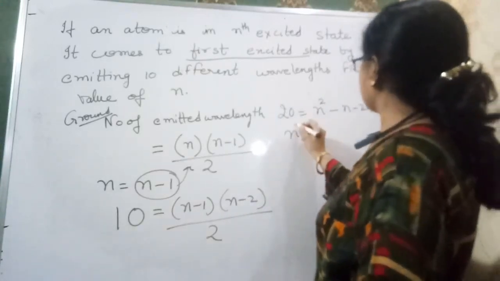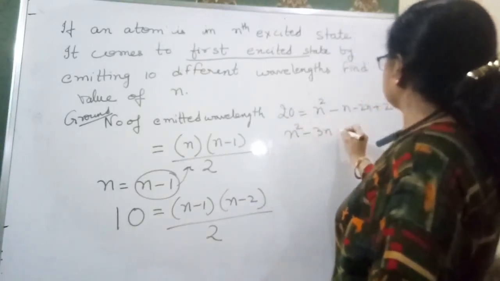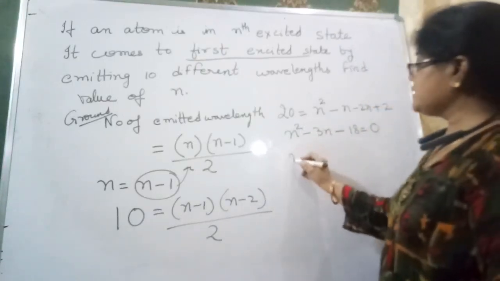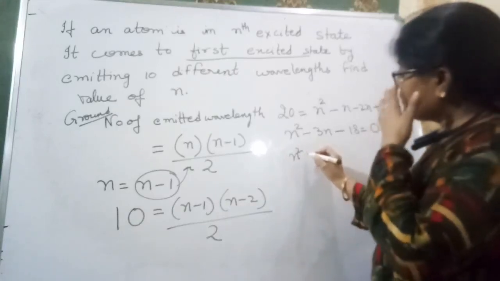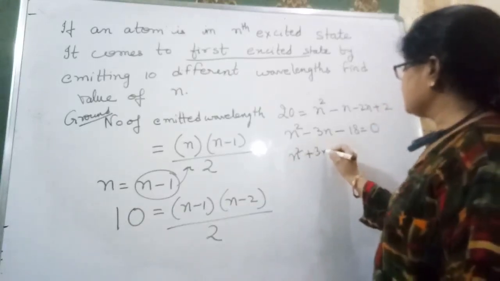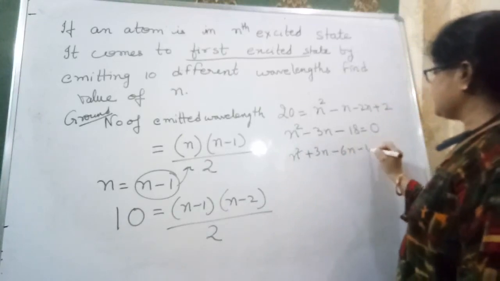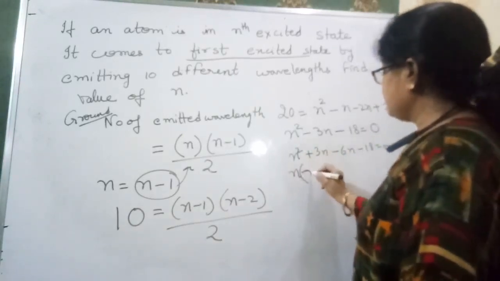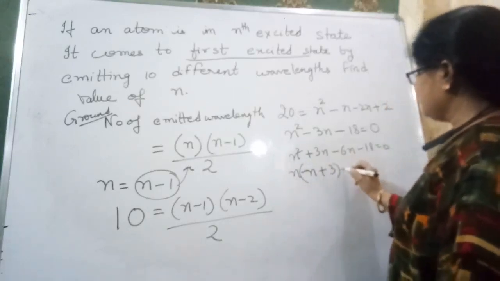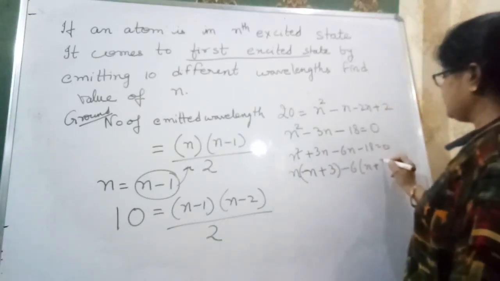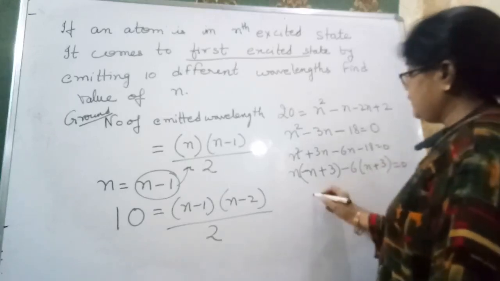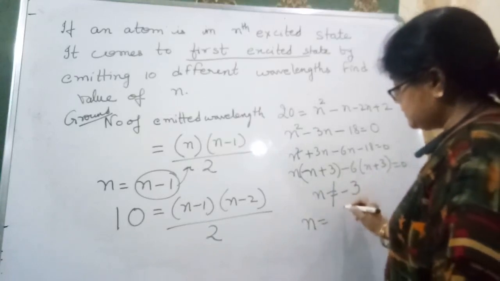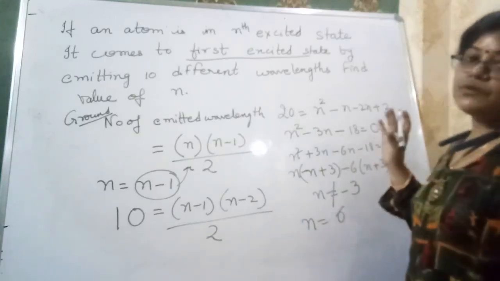That means n square minus 3n minus 18. Clear? Now 6 times 3 is 18, so n square plus 3n minus 6n minus 18, and we got n plus 3 into n minus 6. Now the value of n will never be negative, so the value of n is 6 in our question.